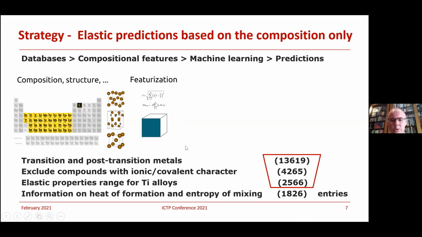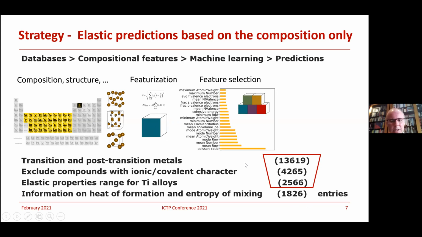So to do that, you do a feature selection. So you can figure out the best features that let us have a model based only on composition.